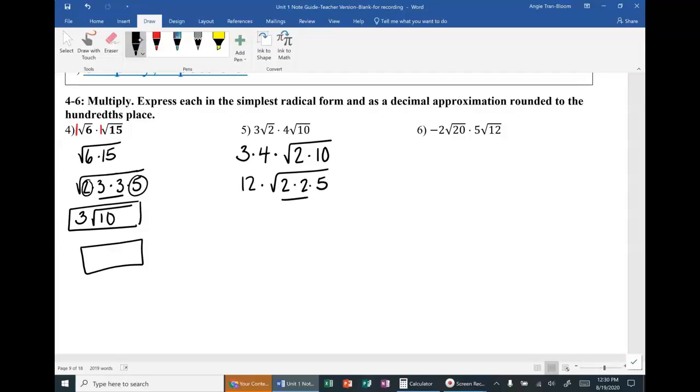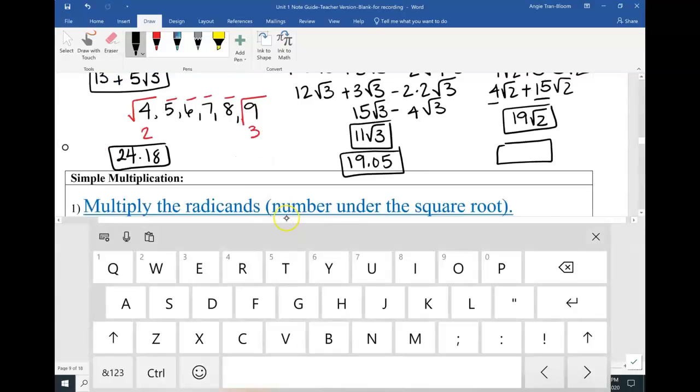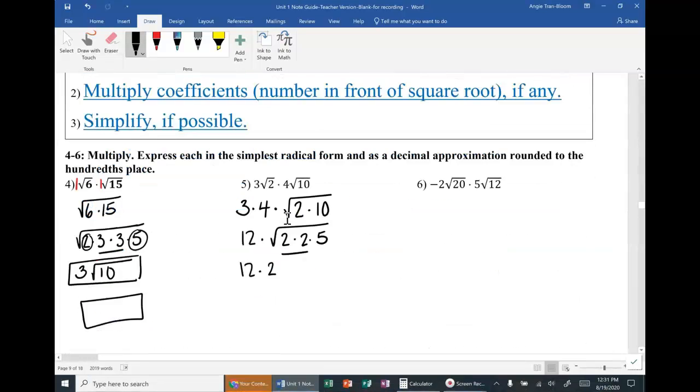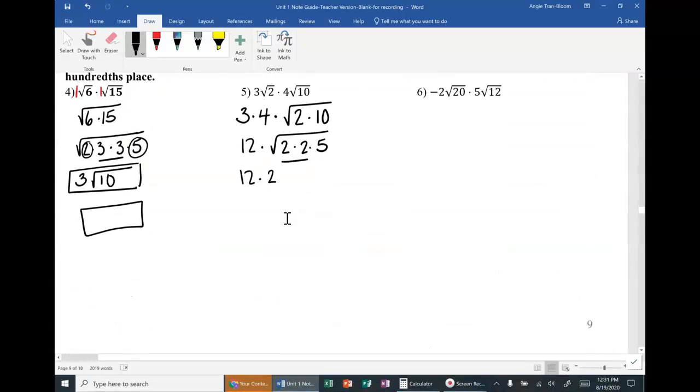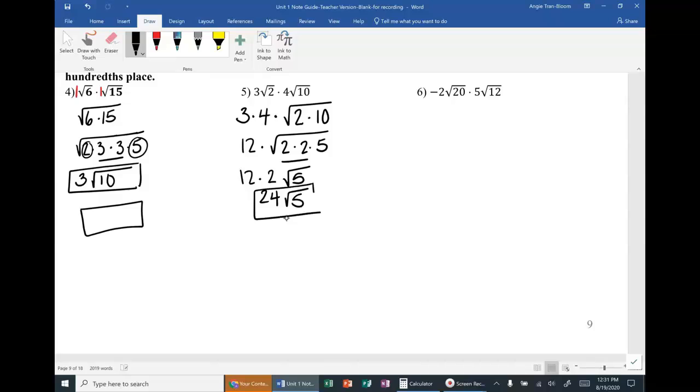So square root of a pair of 2's, that will allow me to simplify that out. So 12 times 2 times square root of 5, this will give me 24 square root of 5. Box that up, and again you will need to use a calculator to give me the decimal approximation.